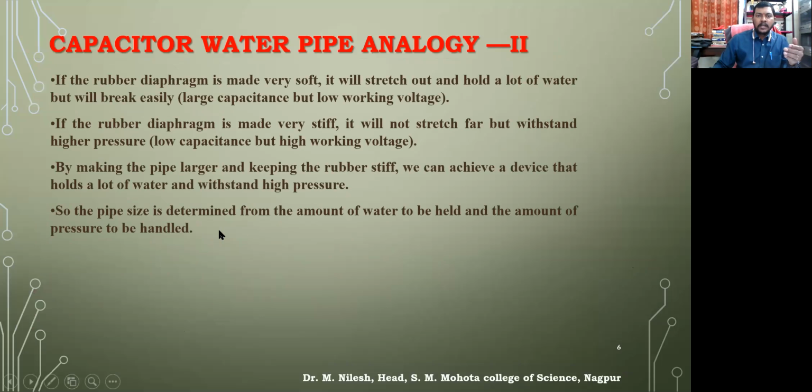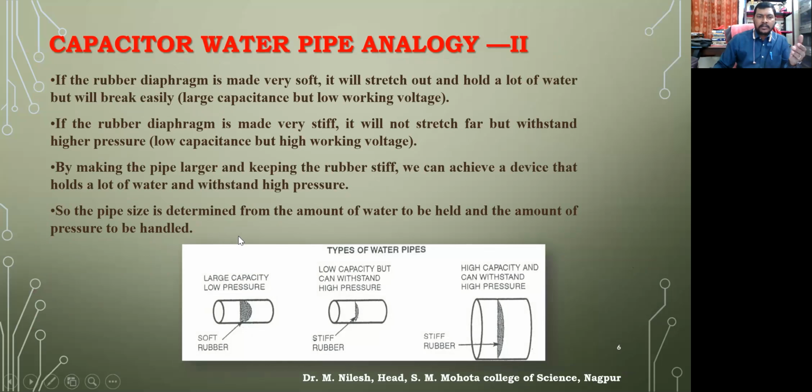You need to understand this. And this is one more example of the same concept that we are studying. If you put it here in a small bore pipe, then there is low capacity but it can withstand high pressure, and since the bore of this is a little bit larger, and this is very large, it has a large capacity but low pressure.